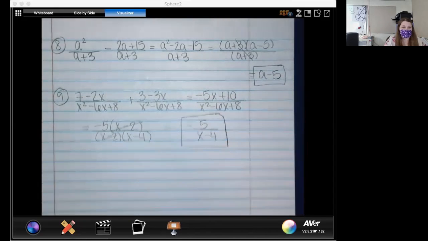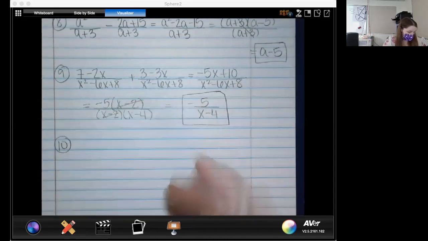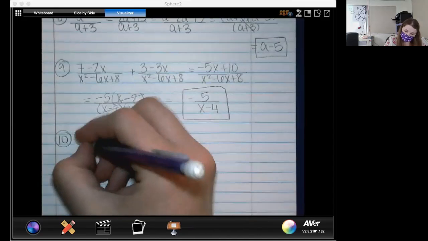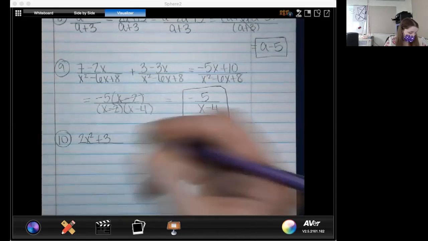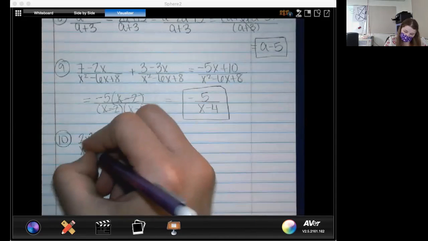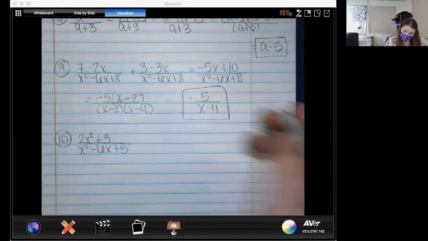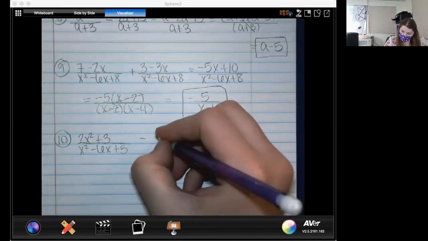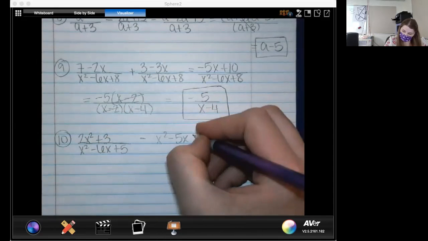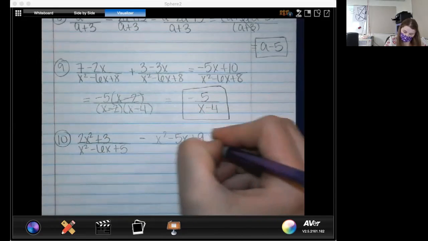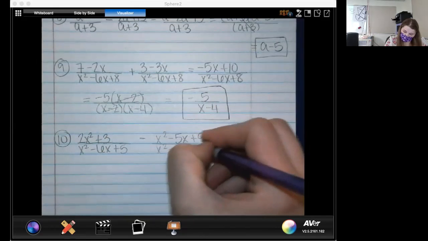Okay, by this point, I believe most people have gotten the hang of it, but we're going to do number 10, last one. 2x squared plus 3 divided by x squared minus 6x plus 5, minus x squared minus 5x plus 9 divided by x squared minus 6x plus 5.